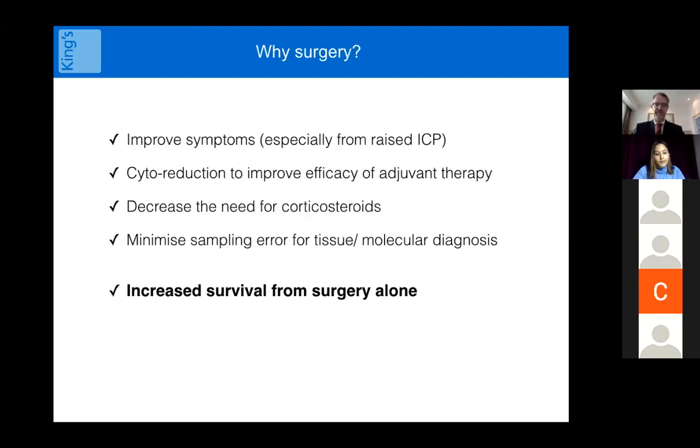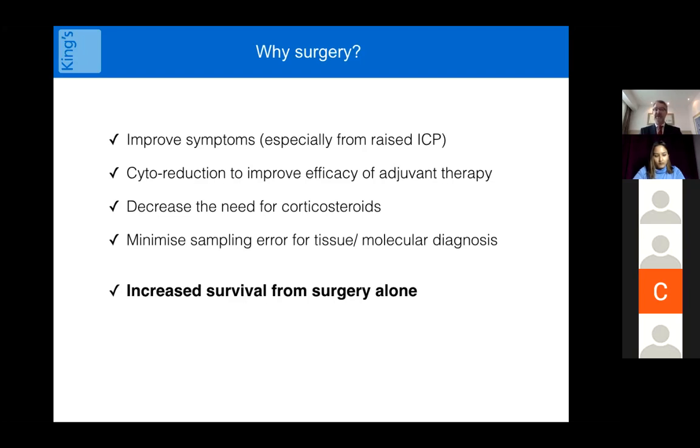as a surgeon. Why surgery? What can we obtain with surgery? What is the goal? Well, there are many reasons why surgery is useful in the treatment of brain tumors. The first thing is that you can improve symptoms, especially those arising from raised intracranial pressure.